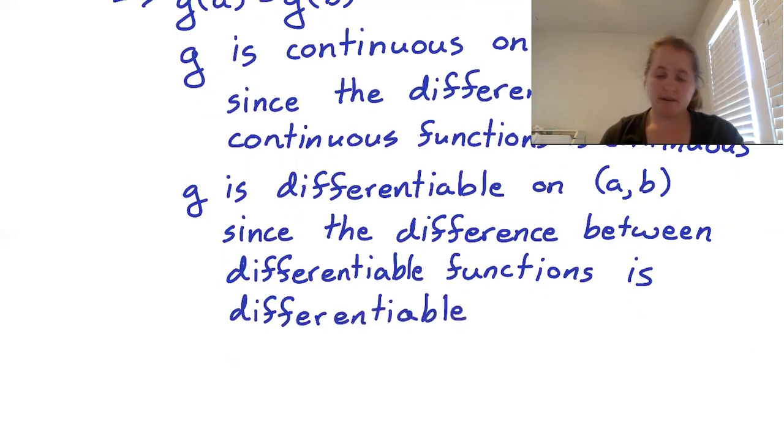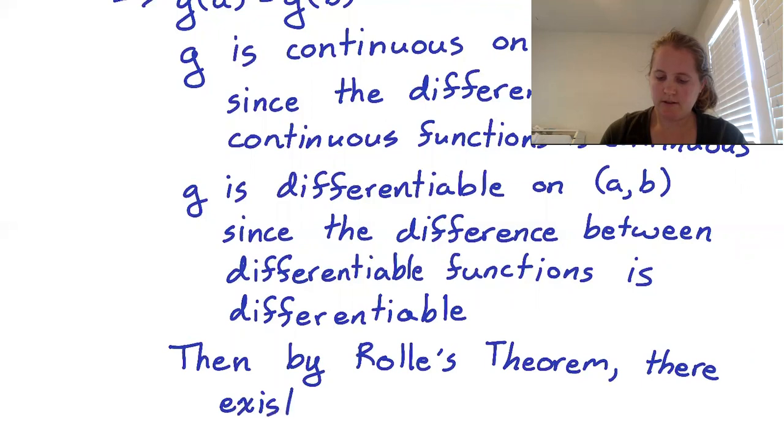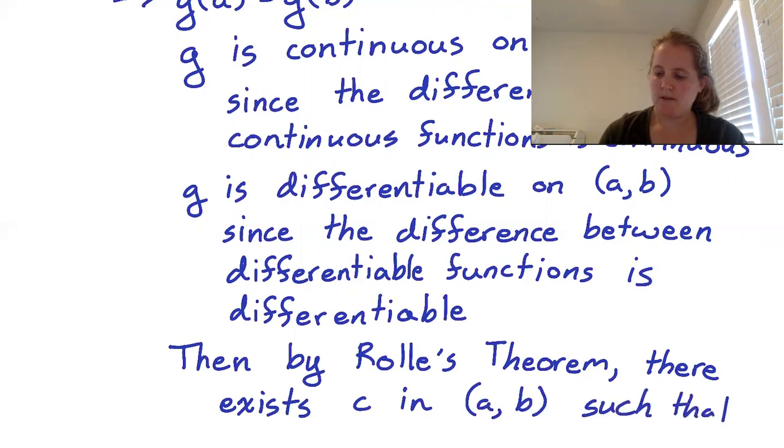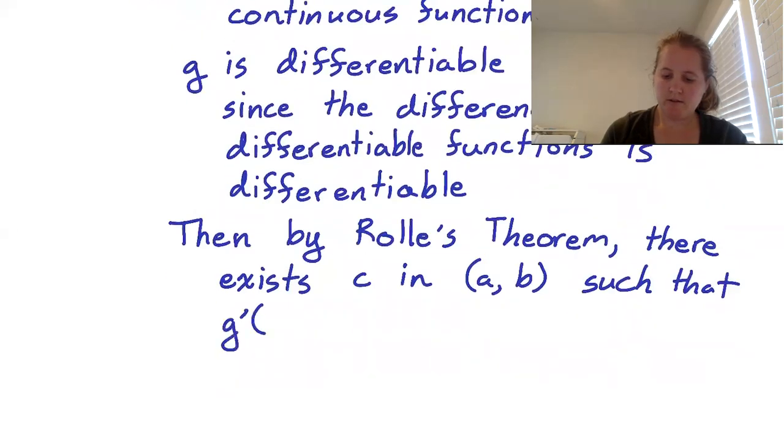So what we get then is, by Rolle's theorem, which we have already proven, there exists a c in the open interval (a, b) such that g prime of c is equal to 0.